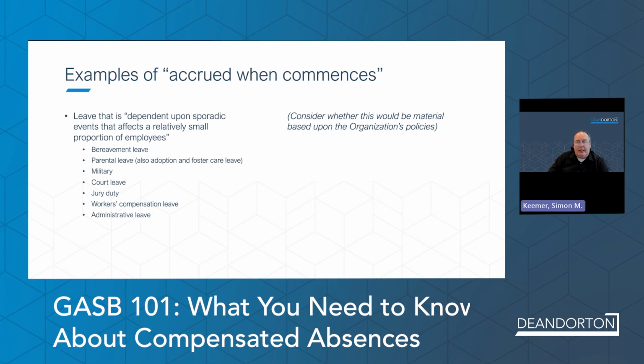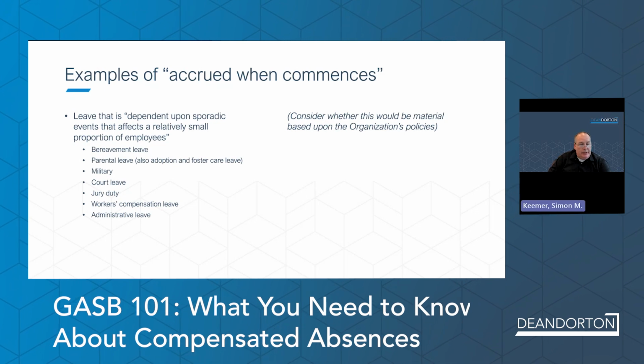We've provided a few more examples on this list than are in GASB 101, but it's items like bereavement leave, parental leave, which, if you're offering leave for families that adopt or take on foster children, would also fall under the bracket of parental leave. Military leave, but again, that has two buckets. So this military leave is more for those employees that are in the National Guard, that kind of stuff.